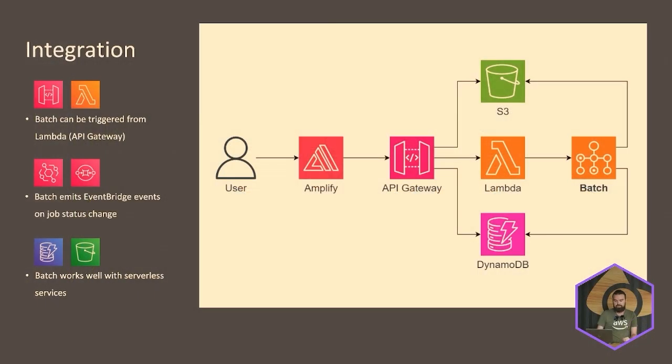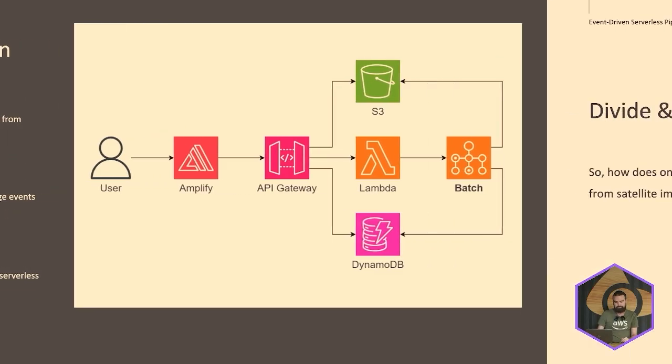Batch publishes that automatically. And if you listen for that event, you can trigger a Lambda function when a batch job or child job finishes or fails or whatever. And you can do logical stuff like update your database, like a progress bar, things like that. Also, as I mentioned before, batch is sort of serverless. It works quite well with serverless services like S3 and DynamoDB, basically everything you see here.